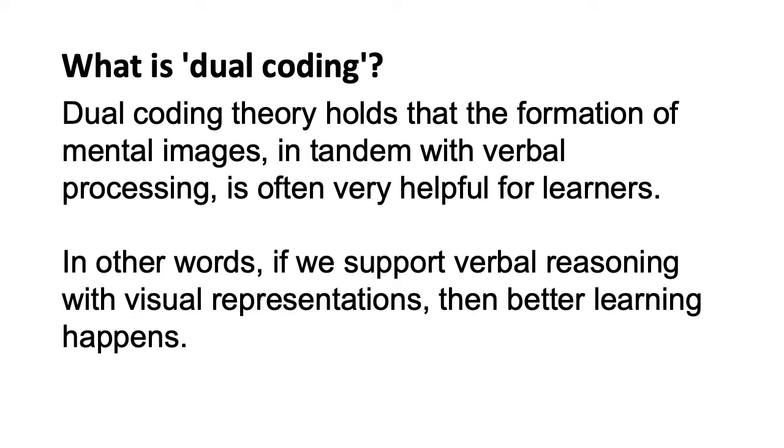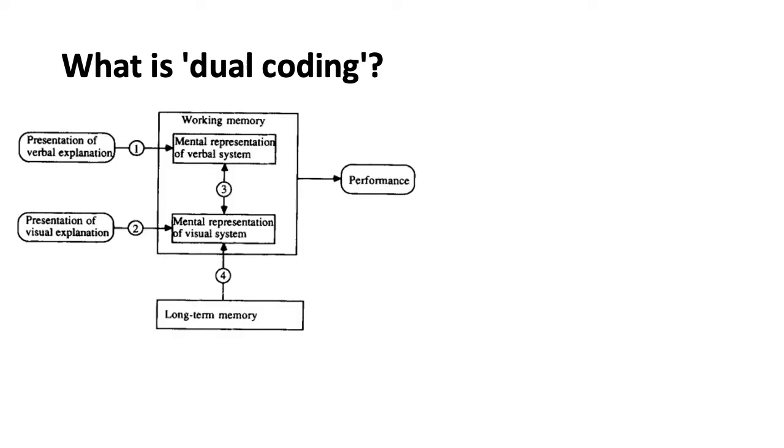Dual coding theory holds that the formation of mental images in tandem with verbal processing is often very helpful for learners. In other words, if we support verbal reasoning with visual representation, then better learning happens. Another way of thinking about what dual coding is represented in this diagram.